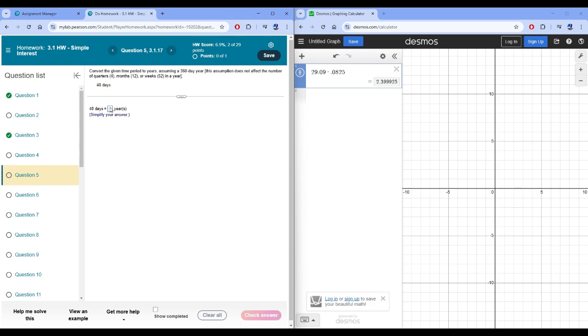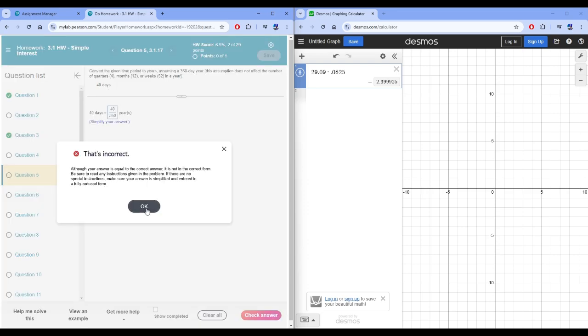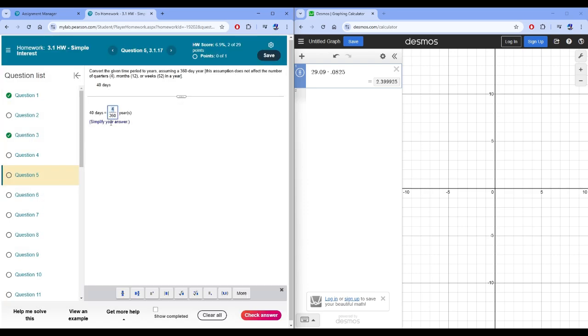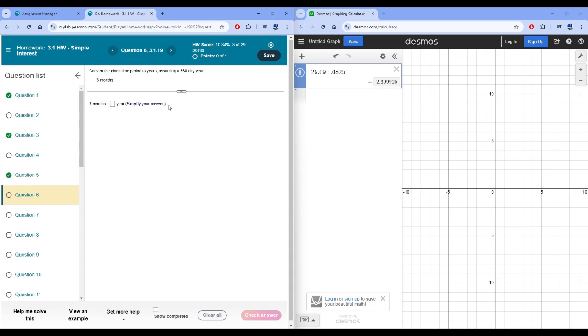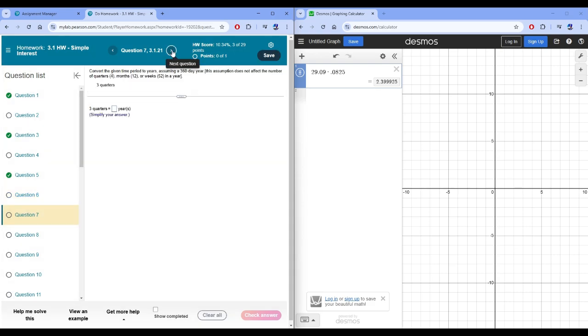That would be a fraction, right? 40 days out of 360 would be how many years? Wouldn't that just be 40 divided by 360? Simplify it: 4 over 36, which is 1/9. Okay, cool. That's very simple. Convert 3 months into a year, 3 quarters into years.